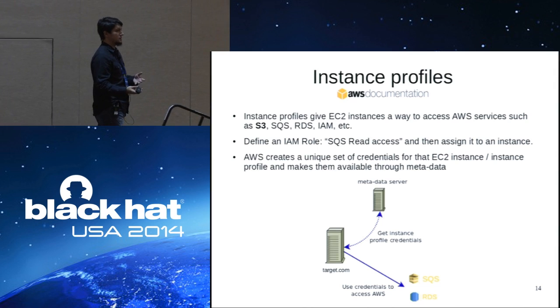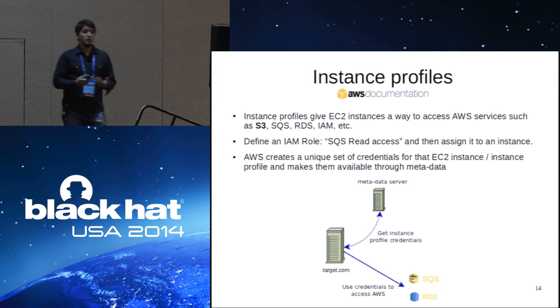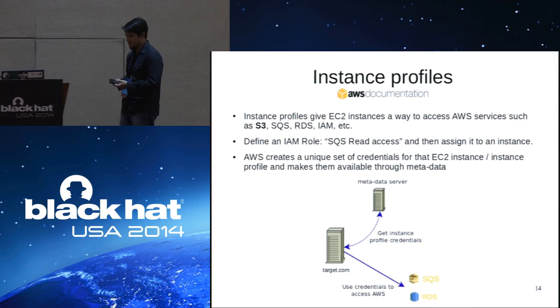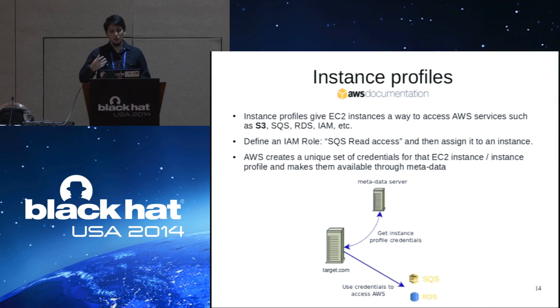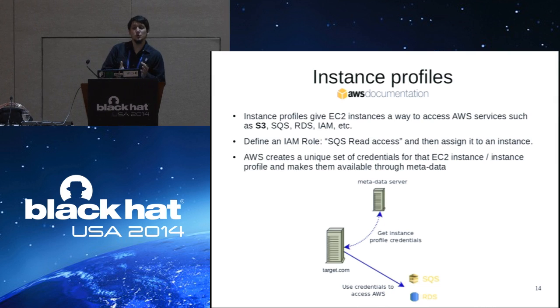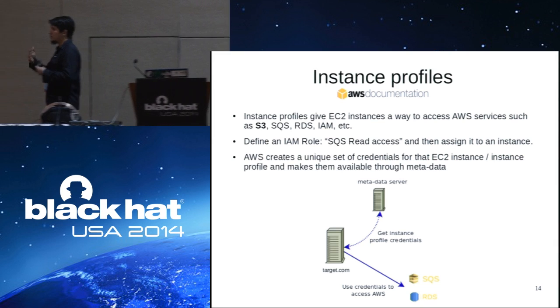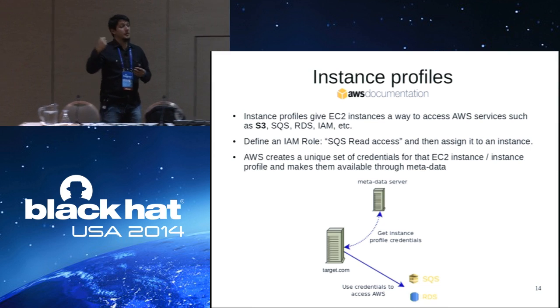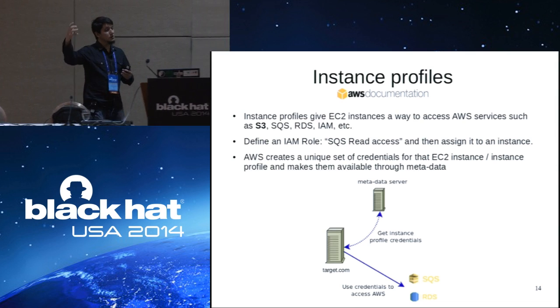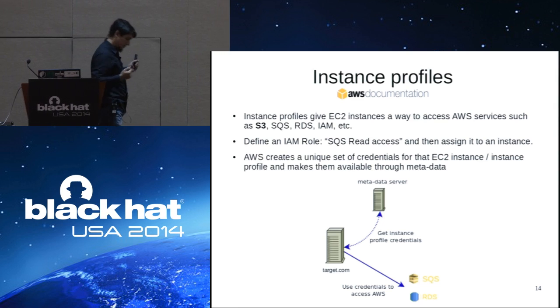That's not a good practice. So Amazon provides you with something called instance profiles. Instance profiles are a way in which an EC2 instance can, in an automated way, get credentials from the metadata server, and using those credentials, access the different services.